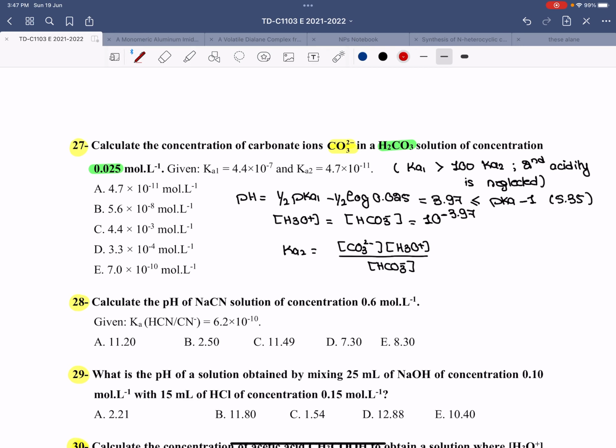You know that these two have the same value, so they cancel. You get CO3 2 minus equal to Ka2. Instead of doing all of this, remember, if you can neglect the second acidity, which is Ka2, then the second base, the A2 minus, is always equal to Ka2. If you cannot neglect the second acidity, the value will change. Make sure that the conditions fit.